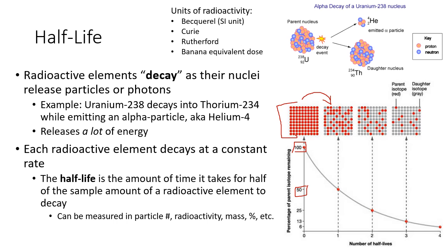Then another half-life, a second half-life, the already 50% is going to decay into 25%, and then 25% is going to decay into 12.5, et cetera. And it's going to take a known number of years or minutes or seconds for each radioactive isotope to undergo its half-life.